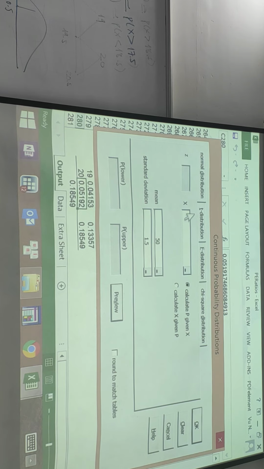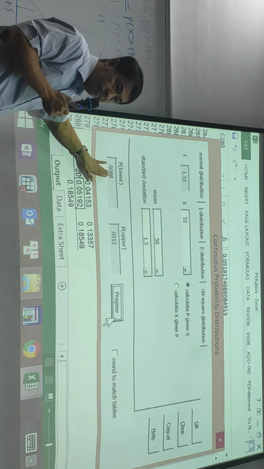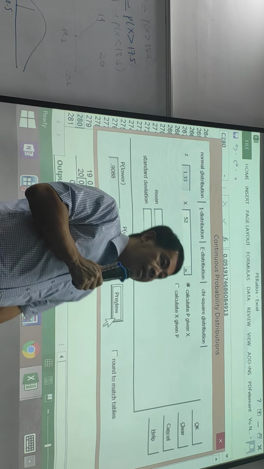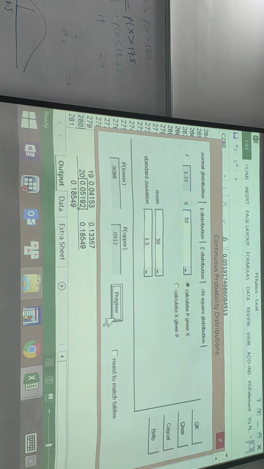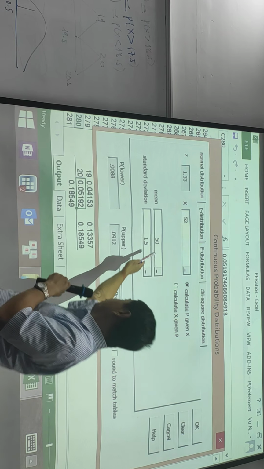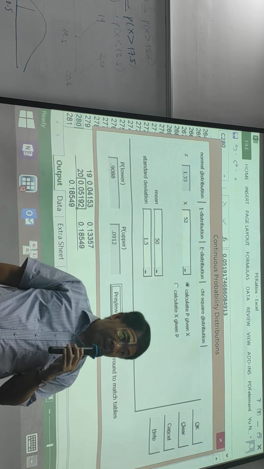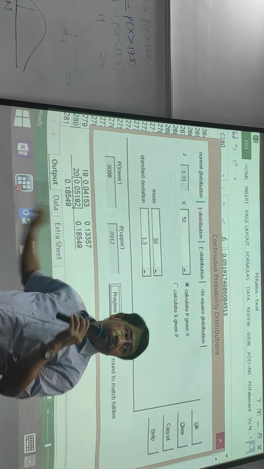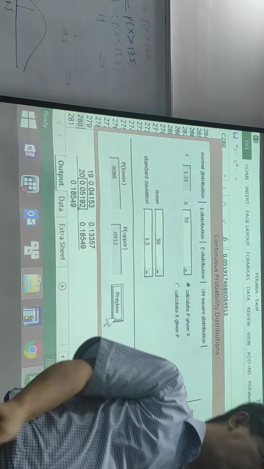So what is the probability for 52 kilograms? You will have the probability for less than 52 kilograms and for higher than 52 kilograms. If you compute X directly, you need to provide the mean and the standard deviation. For z, the mean equals 0 and the standard deviation equals 1.